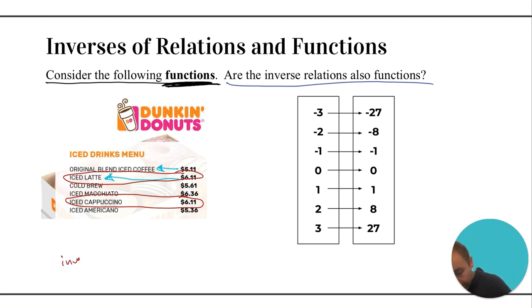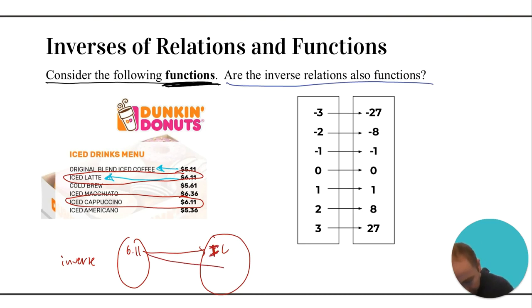So then in the inverse relation, where now 6.11 is considered an input, 6.11 would be sent to the iced latte, and then it's also being sent to the iced cappuccino, which then makes that inverse relation not a function. So here, the inverse is not a function, right?